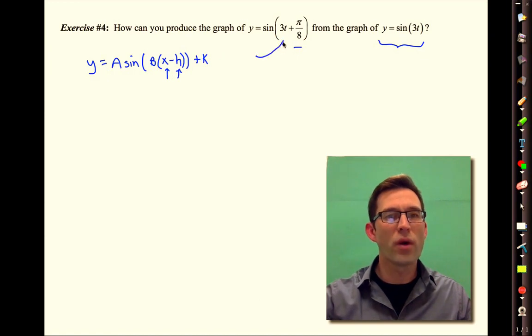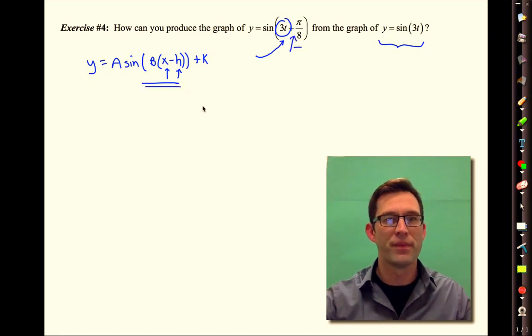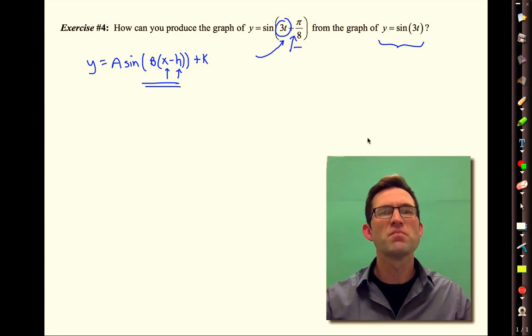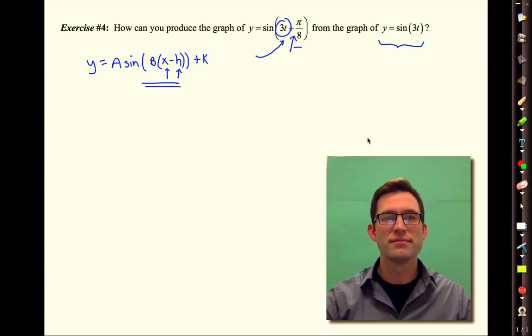Unfortunately, in this form, I've actually multiplied the input variable by 3 before I added the pi over 8, so it's not of this form. So pause the video and see what you can get.